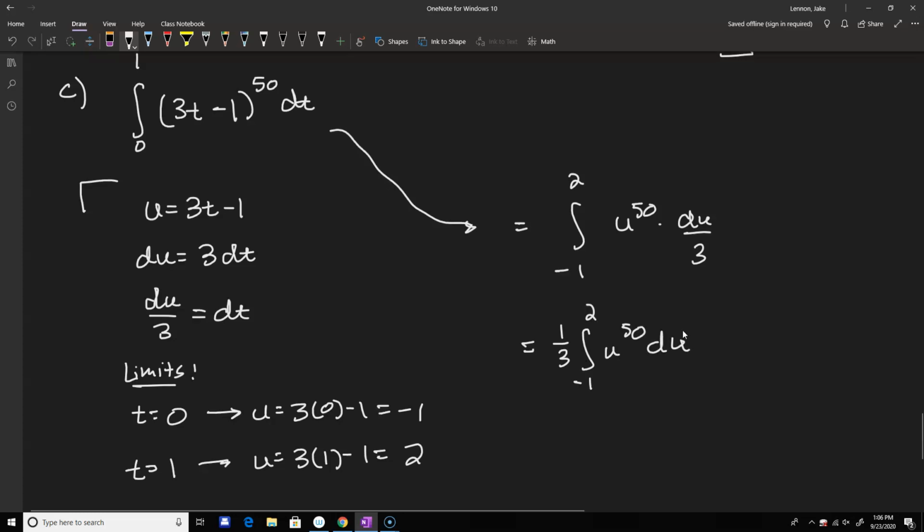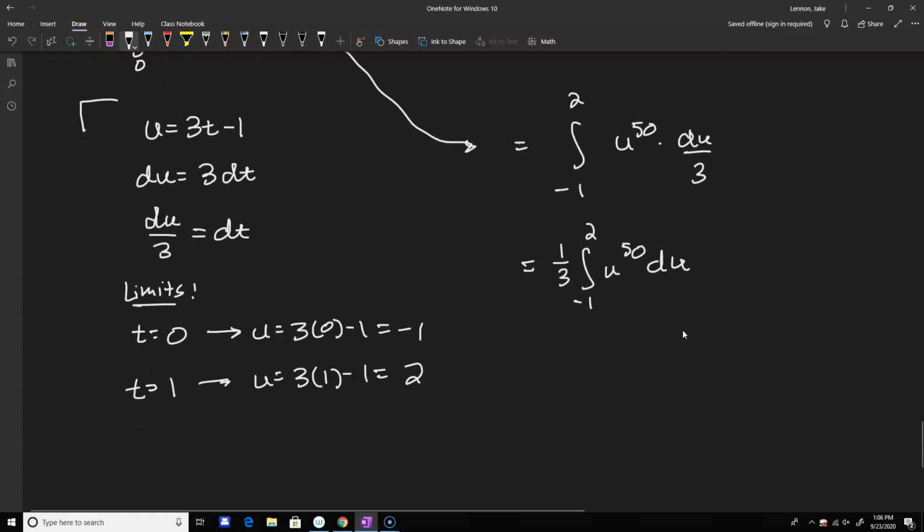So what we're going to do is we're just going to add 1 to that exponent, so it's going to be u to the 51st. And then in front, we're going to multiply by 1 over 51. So we get 1 over 3 times 51 is 153. And then we end up with u to the 51st from -1 to 2.